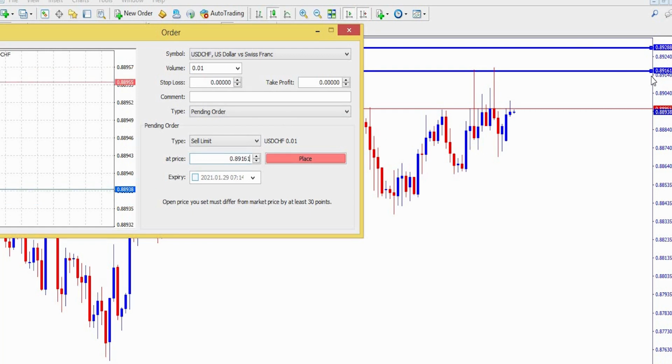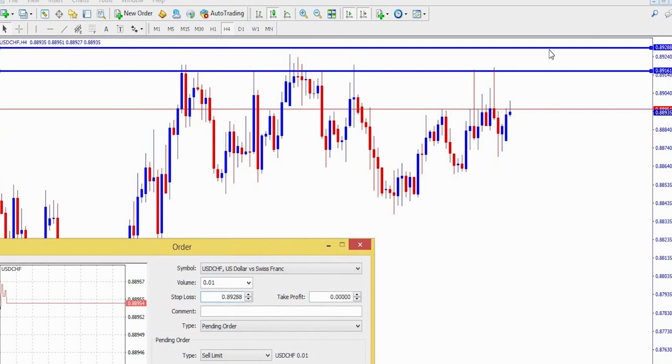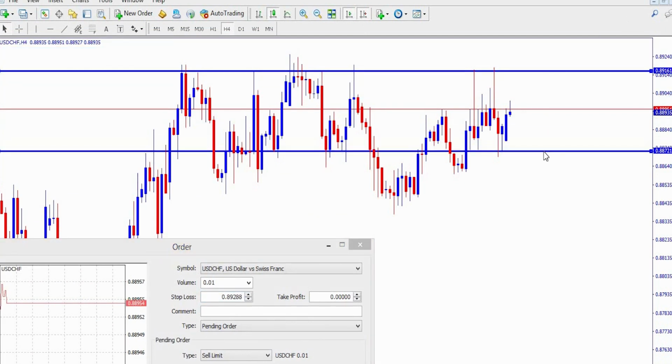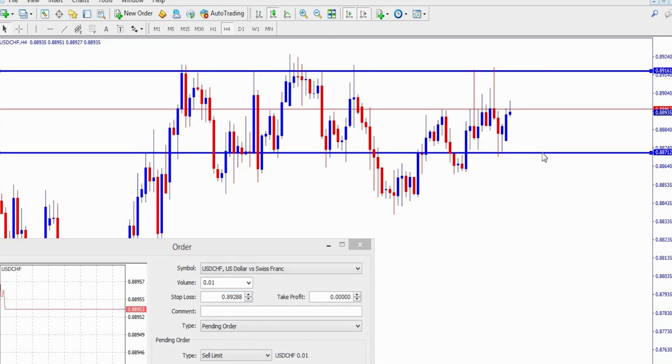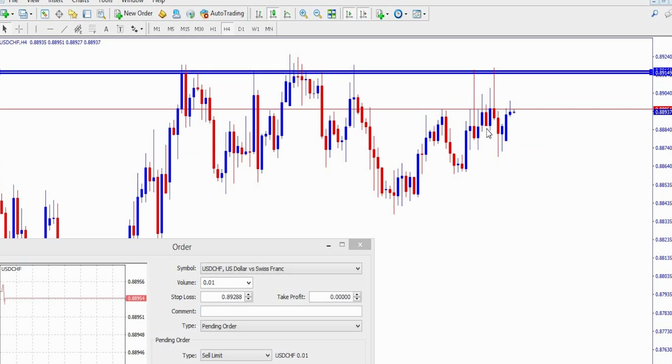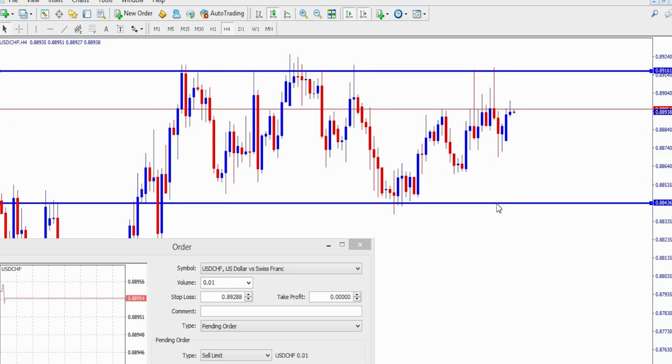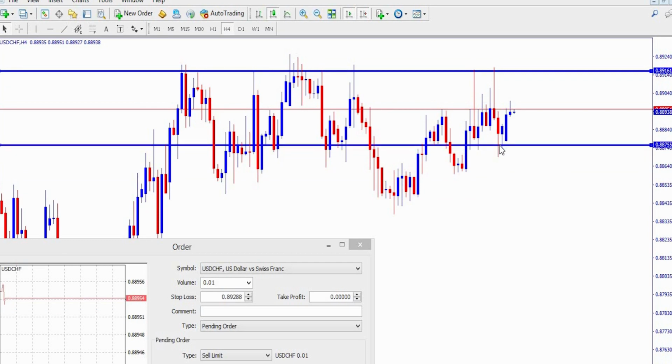Then the stop loss, which is this one I have above here, just in case the market does not repeat what it has been doing. I need a stop loss to protect my account. So at this point, okay, send. Now we also notice the market has always, after it bounces above, it bounces here or bounces below. So let's use this as our take profit.